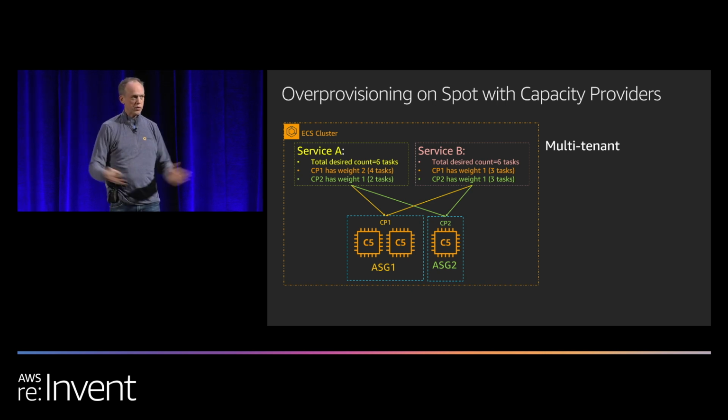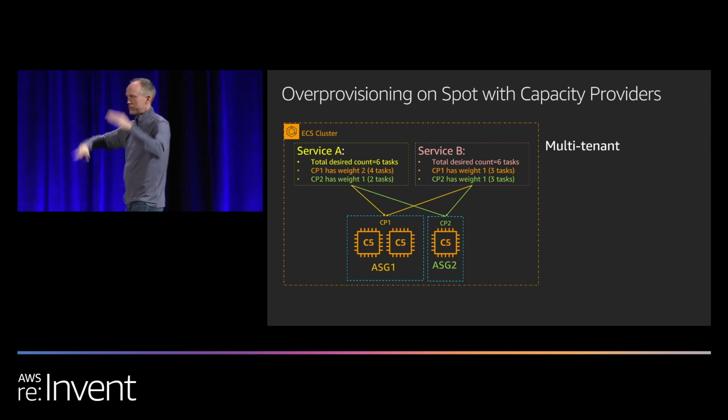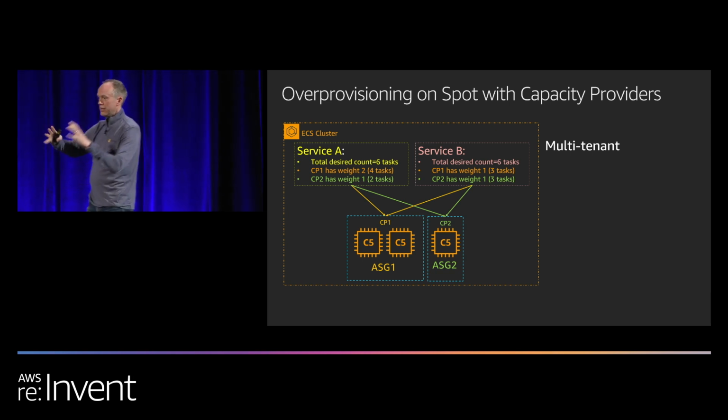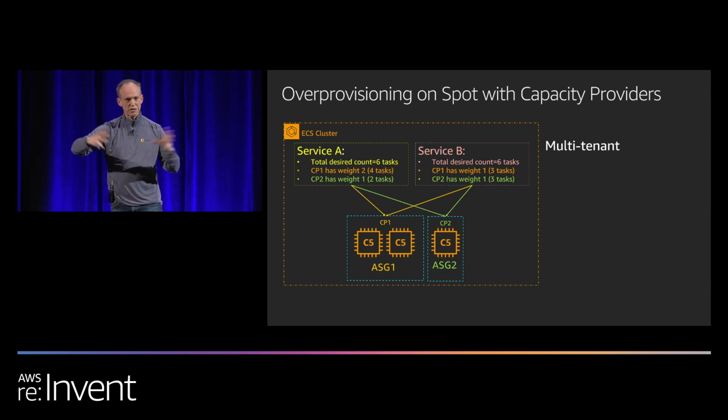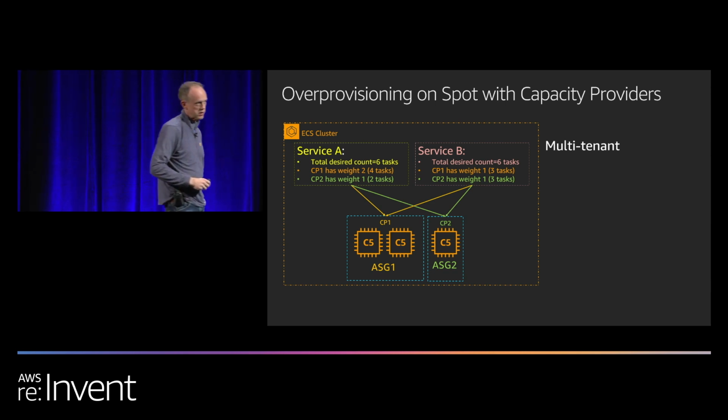I can run both of those in the same cluster on the same ASGs, and the ECS service scheduler will ensure that those weights are respected, and then the cluster autoscaler will make sure that the ASGs have enough instances to run all of the tasks from both services. And that as the services scale in and out independently, the ASGs are going to scale in and out to meet the demand from all of the services.